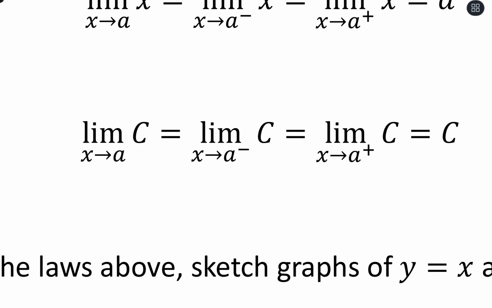What if we just have a number and x isn't even present there? Well, x will be present in the graph because x will be approaching a, but if we're graphing a constant, the two-sided limit is the same as the one-sided limit, and we're left with just that constant, because there's nowhere to plug in x equals a.